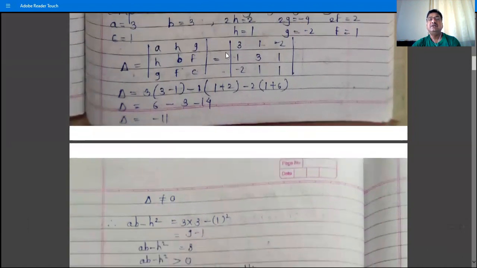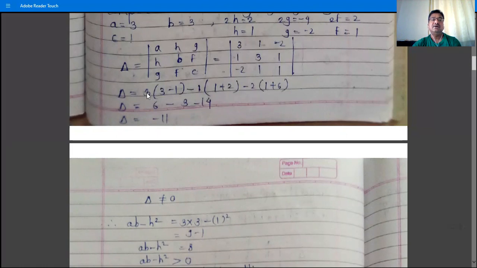So 3 in bracket 3 minus 1, minus 1, because in finding the determinant the signs are plus, then minus, plus, in this way. So minus 1 in bracket 1 minus minus 2, which is plus 2, then minus 2 in bracket 1 minus minus 6, plus 6.